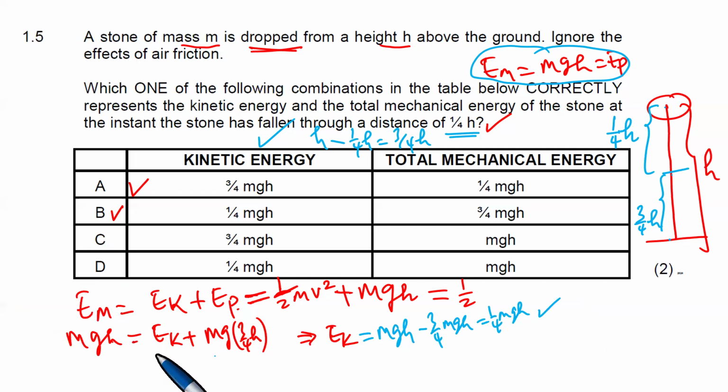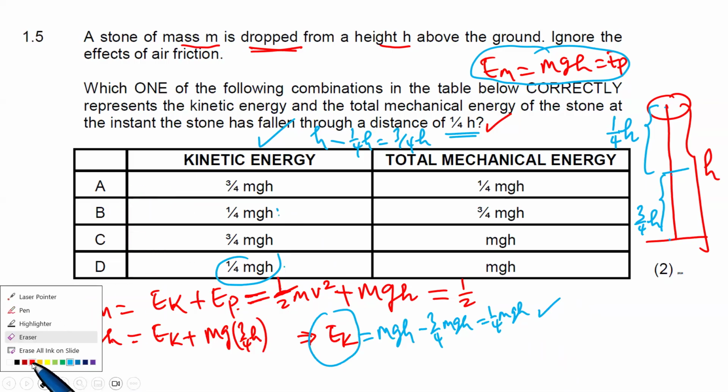So the kinetic energy is 1/4 mgh. If you look at the options, the kinetic energy 1/4 mgh appears in two places, so you must choose between B and D. But now you must also look at the total mechanical energy.